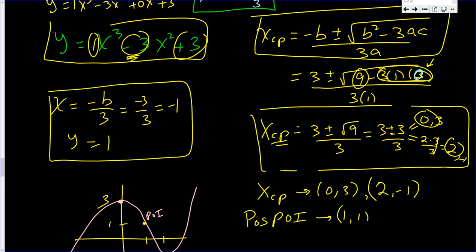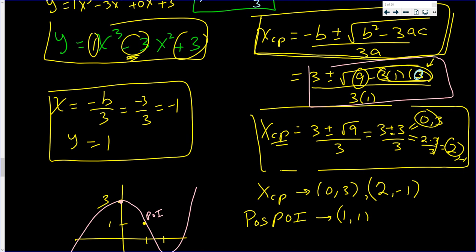Now, to find the critical points, I used this formula, where I replaced 4 and 2 with the number 3, the number right smack in the middle. And then I used this formula and it worked out nicely. 3 plus or minus 3 over 3. I got 0 and 2.